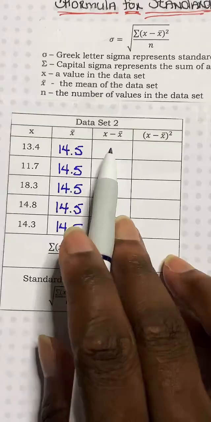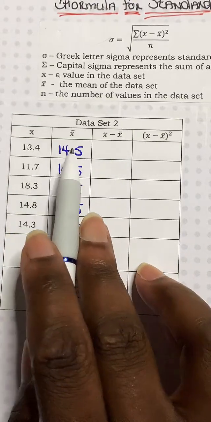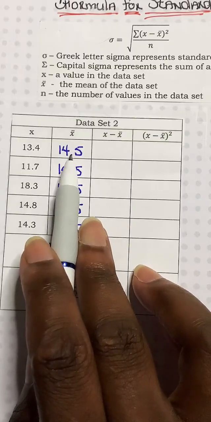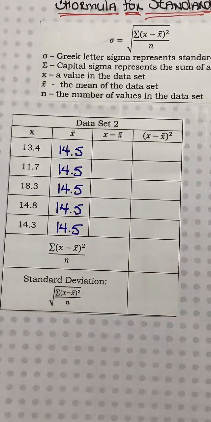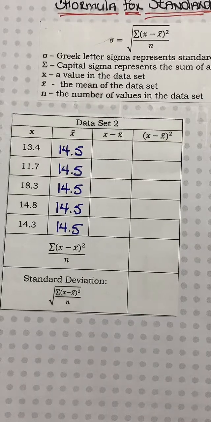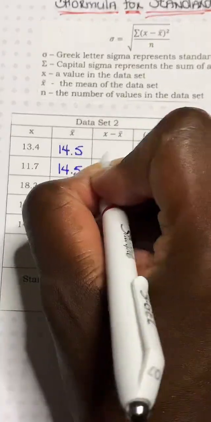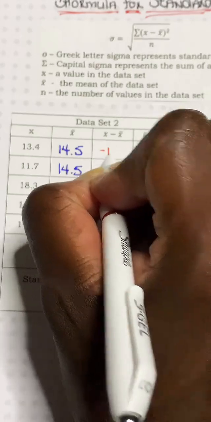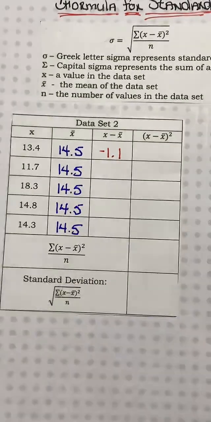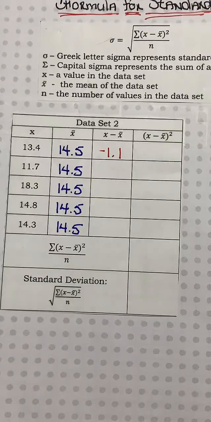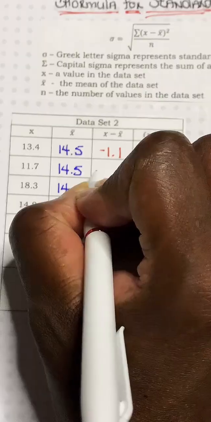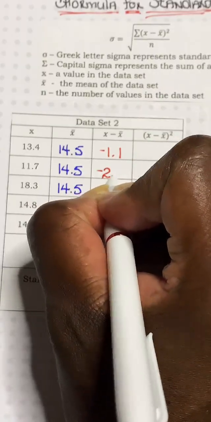Now, for this part, what we're going to do is take the original and subtract the mean. So if we have 13.4 minus our 14.5, this will give us a -1.1. I'm going to change colors so we can see it. So 11.7 minus 14.5 gives me a -2.8.